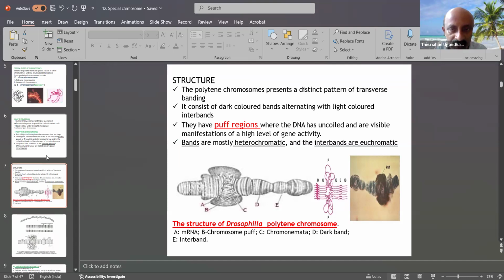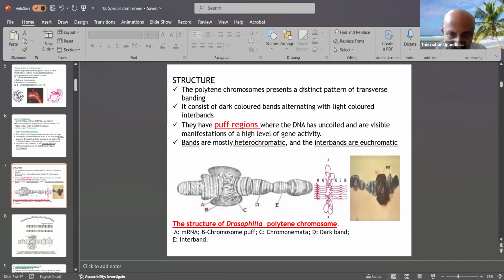The polytene chromosomes are present in a distinctive pattern of transverse bands. They consist of dark colored bands alternating with light colored interbands. Here, dark colored bands and light colored bands are there, and the chromosome is large in size.